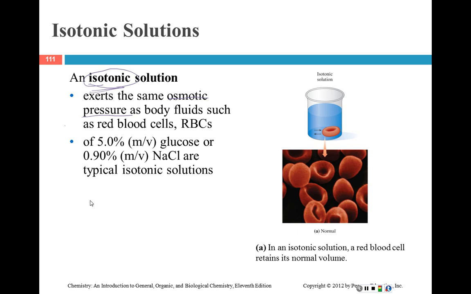And the typical solutions that you can see used is going to be a 5% glucose or the 0.9% sodium chloride, because those are isotonic to our tissue. So if they give us that, then that's not going to mess anything up. So in an isotonic solution, your red blood cells are going to be happy.